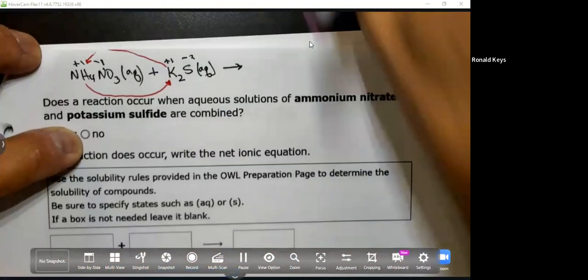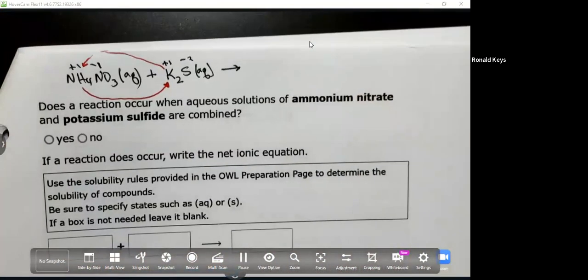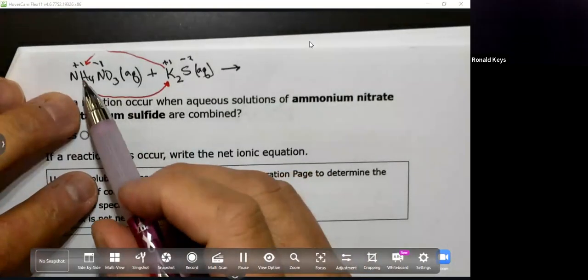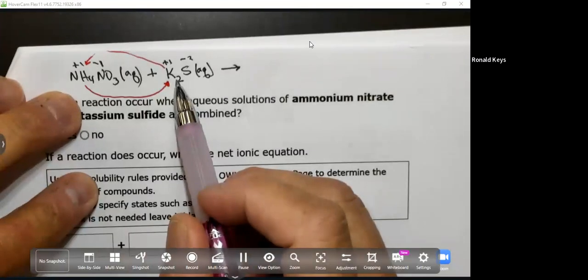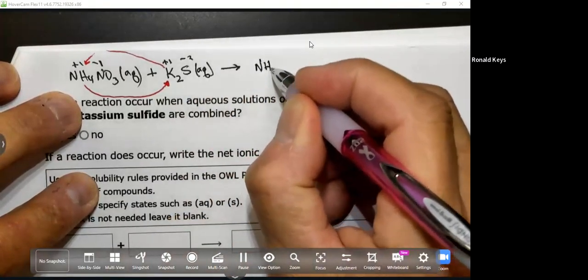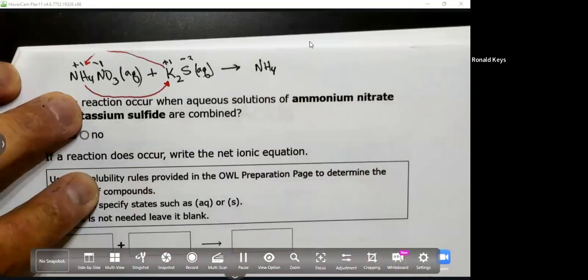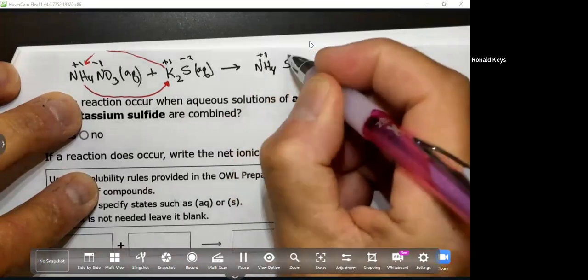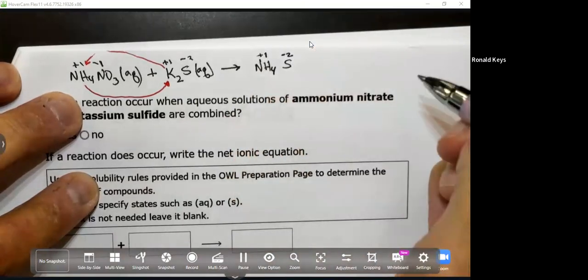With a double replacement reaction, we are going to switch the positives. So to do that, ammonium is going to take the place of potassium, +1 and -2.